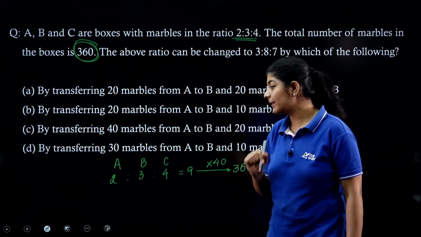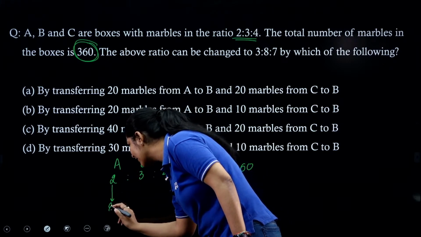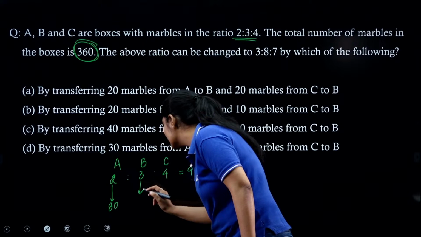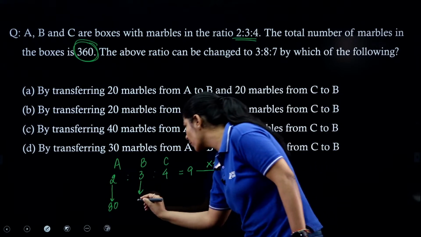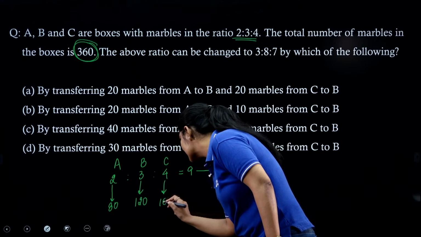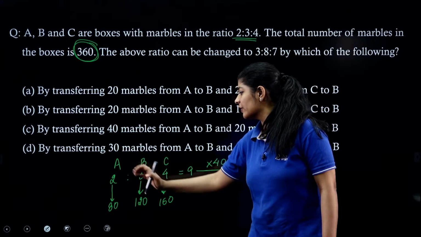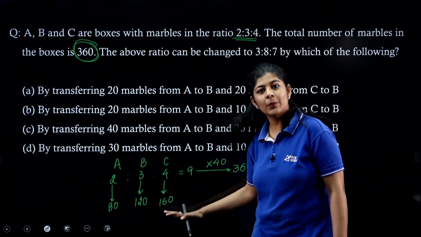If it is present on the multiple of 40, how many marbles do we have in box A? 80 marbles. In this one, 120 marbles. And in this one, 160 marbles. So in the individual boxes we have 80, 120, 160.